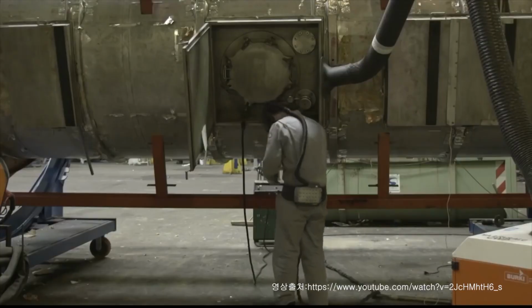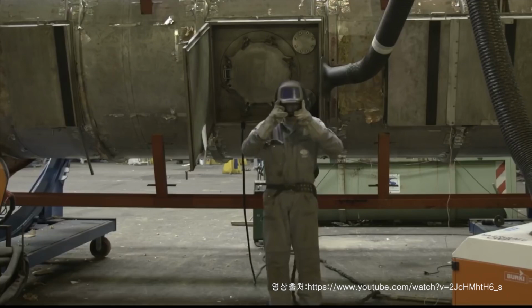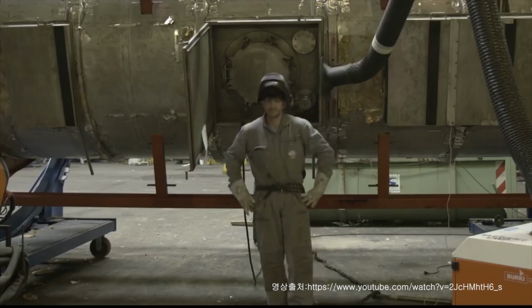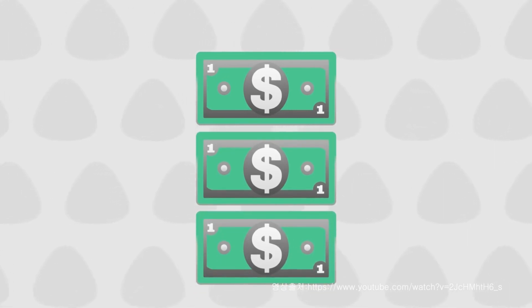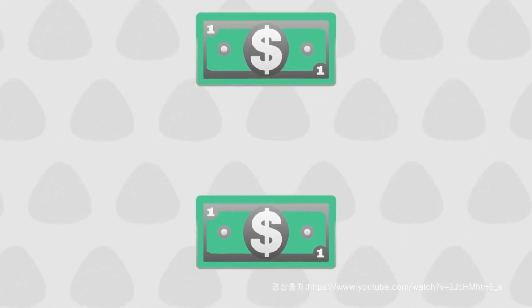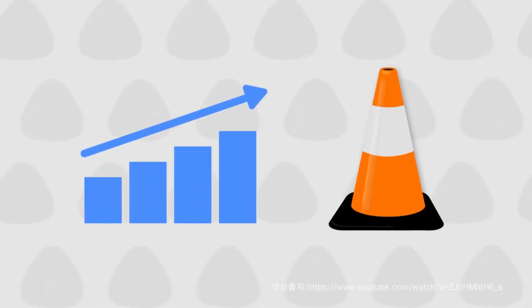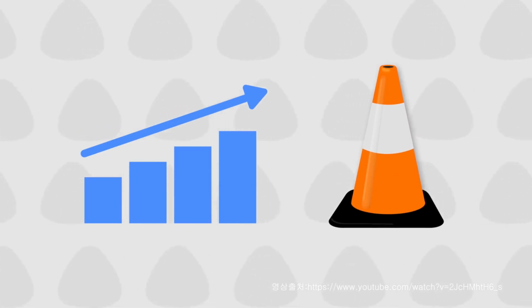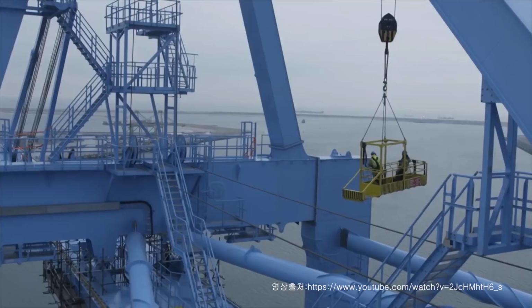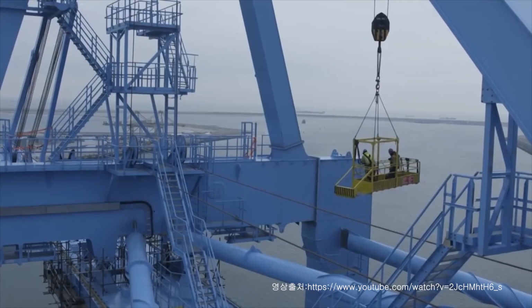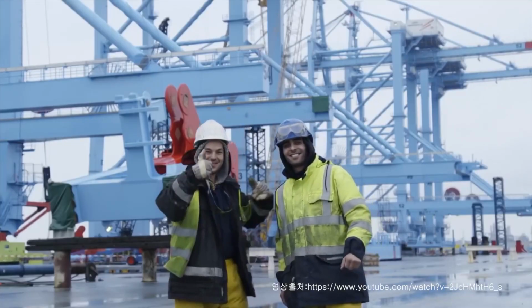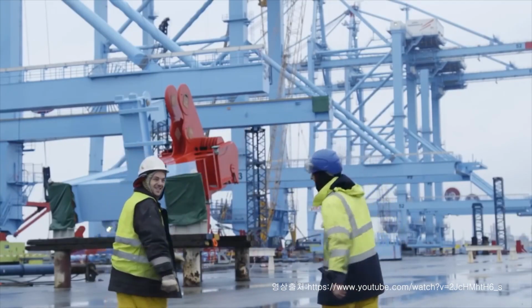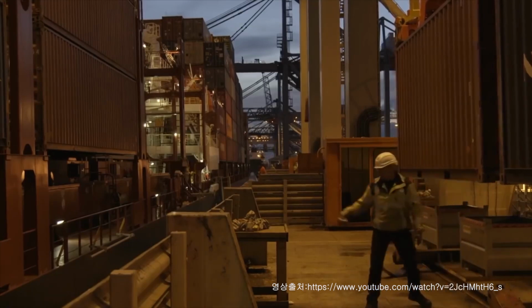For now at least, humans maintain the advantage of adaptability over fully automated machines. Automating a container port is very expensive, but ports implementing this technology hope to gain benefits such as increased productivity and increased safety. Of course, even at ports where automation exists, humans are still employed to oversee and maintain the machines and rectify problems as they arise.